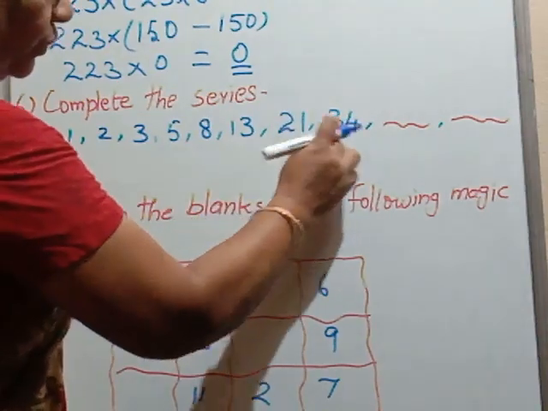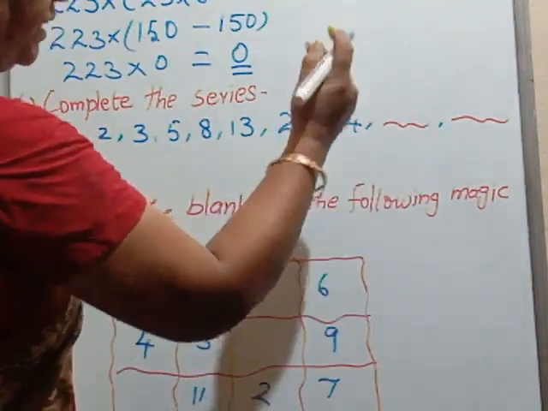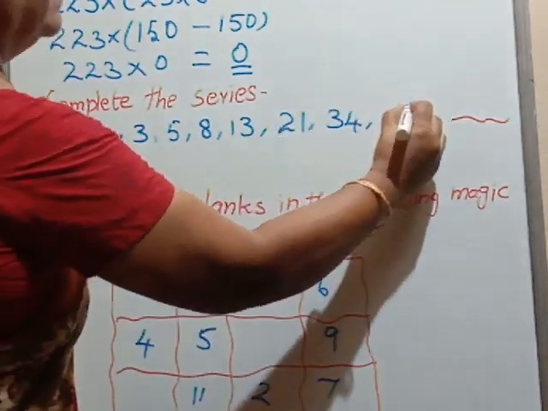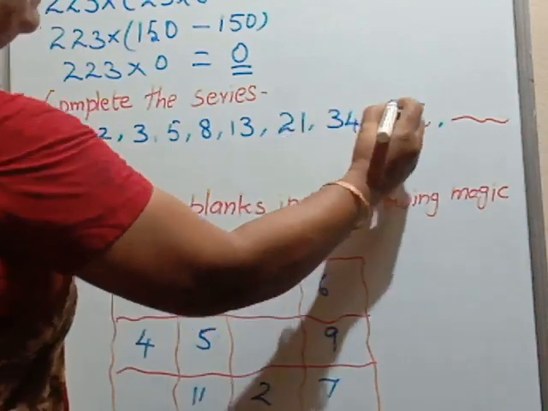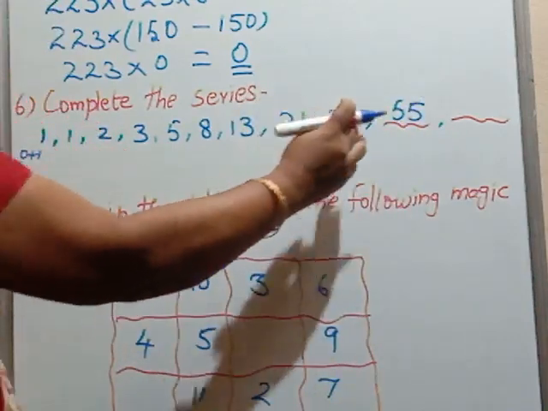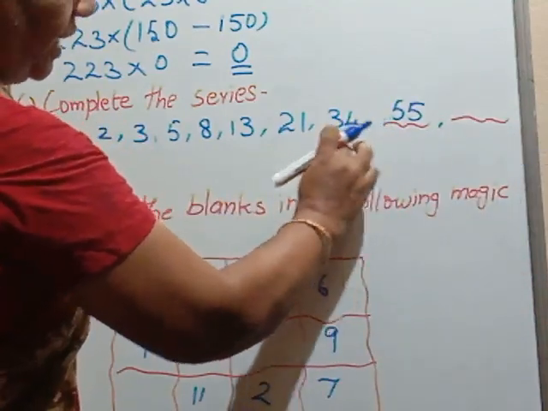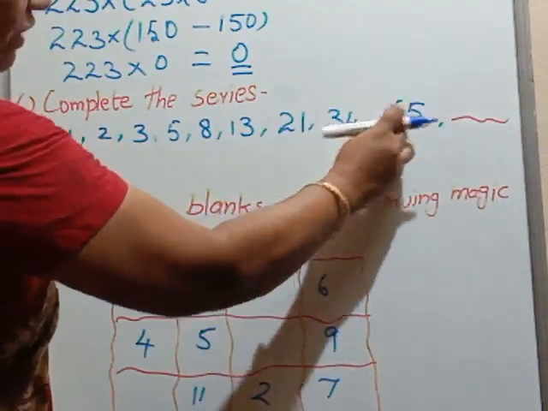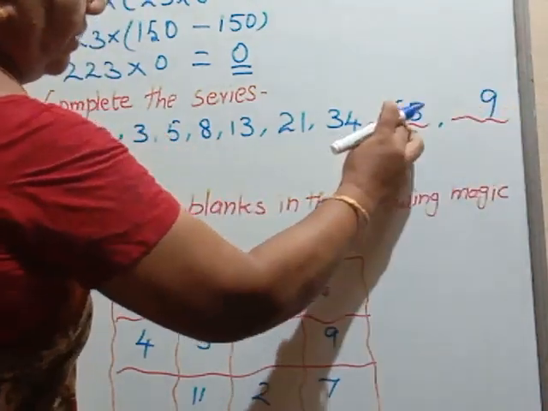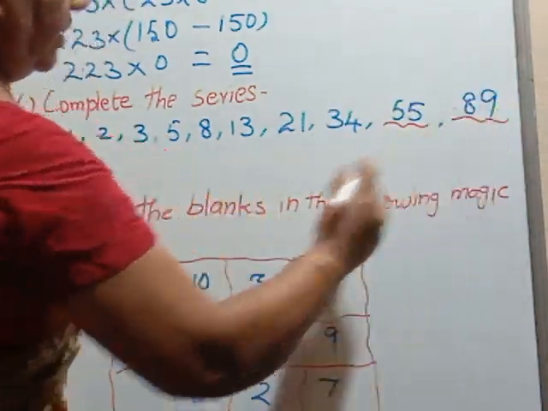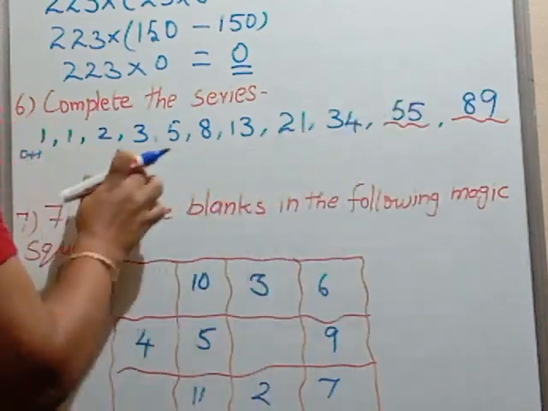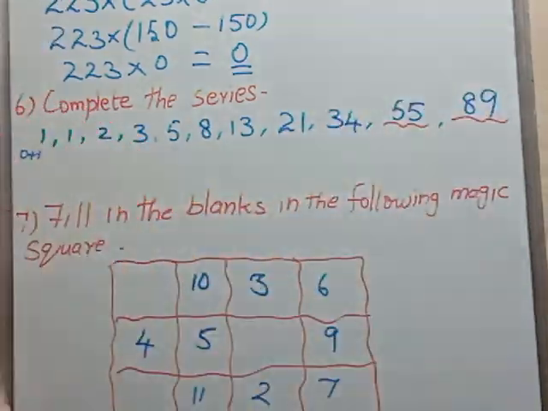Now what you have to do? You have to add these two numbers and write the value. 4 plus 1, 5. 3 plus 2, 5. What's the next number in the series? 55. Now what should the last number be? You have to add these two numbers. 5 plus 4, 9. 5 plus 3, 8. This way you have to find and complete this series.